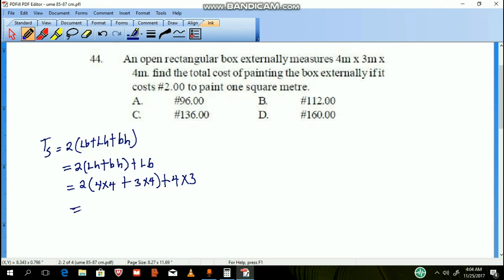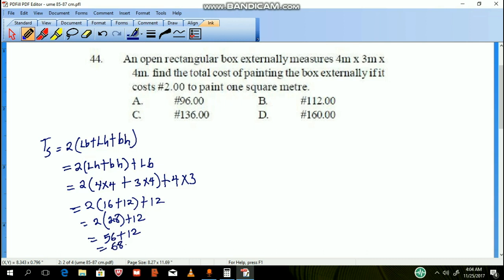Therefore, I will be having 2 brackets 16 plus 12 plus 12. Then I will be having 2 brackets. This will be 28 plus 12, and this will be 56 plus 12. Then this will be 68.